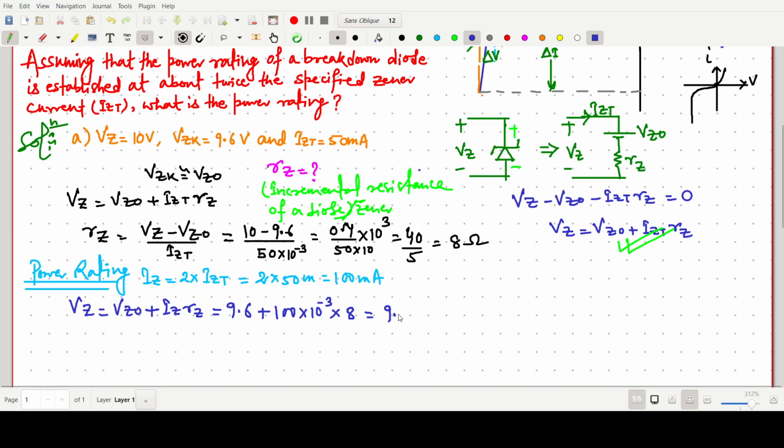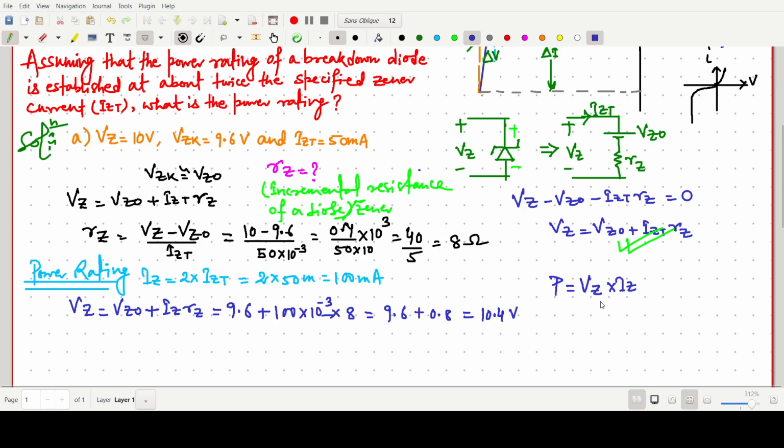If we solve, 9.6 plus 0.8 gives 10.4 volt.